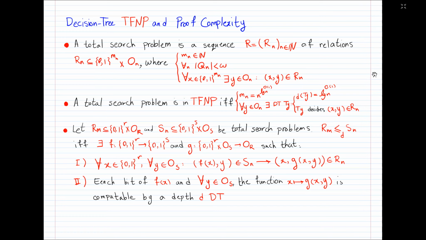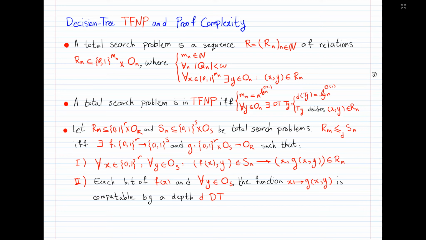And as we want to define the class of TFNP problems, we need to define the concept of reductions. Let R_n and S_m be two total search problems. We say that R_n can be reduced in depth d to S_m if there exist two functions f and g, such that, first of all, if you want to compute a solution to R_n for x, we give x to f, and we find the solution to S_m for f of x, which is y, and then we give x and y to g, and that gives us a solution to R_n.